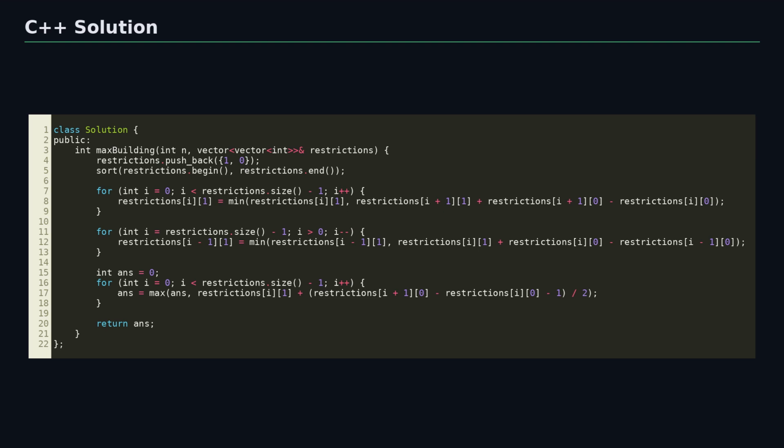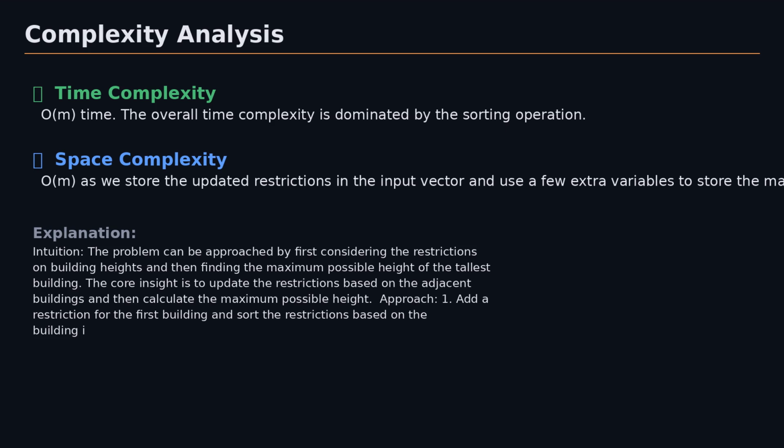We do this with the lines for (int i = 0; i < restrictions.size() - 1; i++) { restrictions[i+1][1] = min(restrictions[i+1][1], restrictions[i+1][0] - restrictions[i][0] + restrictions[i][1]); }. We also do this in the other direction, from right to left, with another for loop that iterates through the restrictions in reverse order.